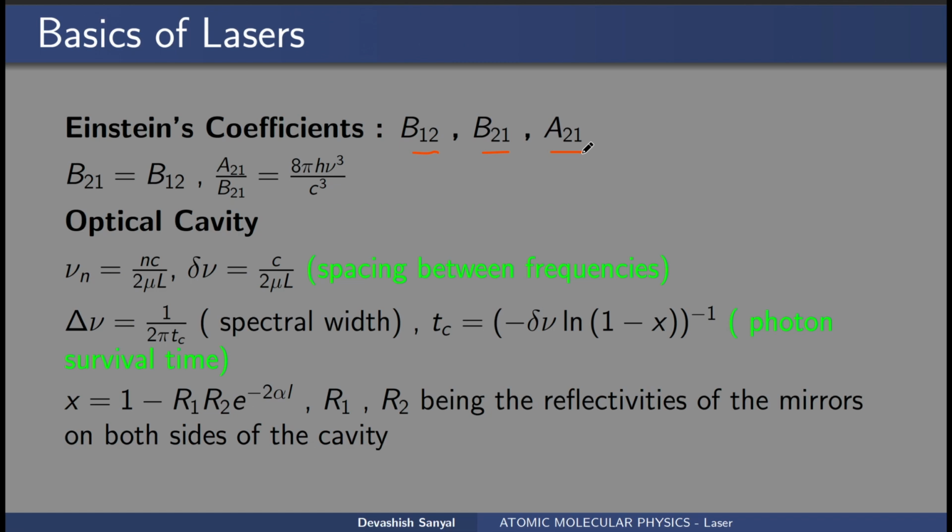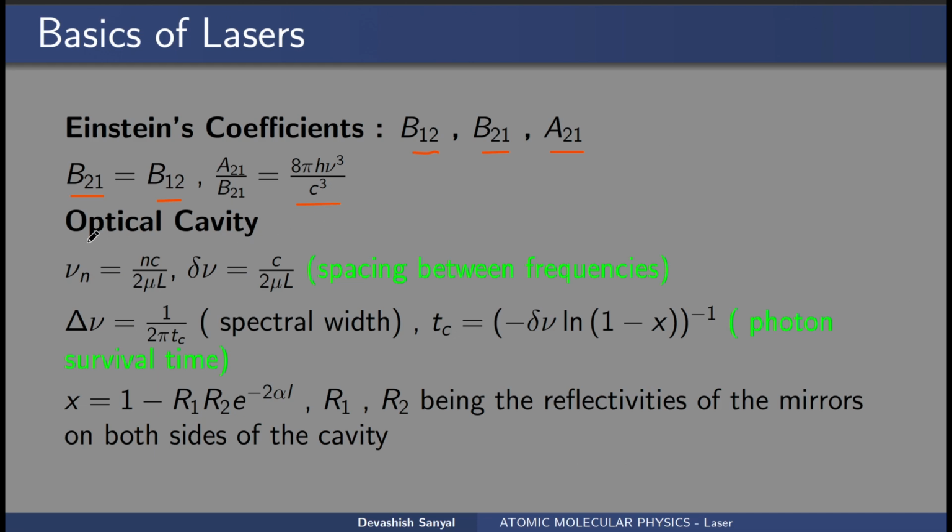Then under conditions of thermal equilibrium, B21 is equal to B12, and the ratio of the spontaneous emission rate and stimulated emission rate is dependent on the resonant frequency between 1 and 2, which is given by nu. So this ratio is 8 pi h nu cubed by c cubed.